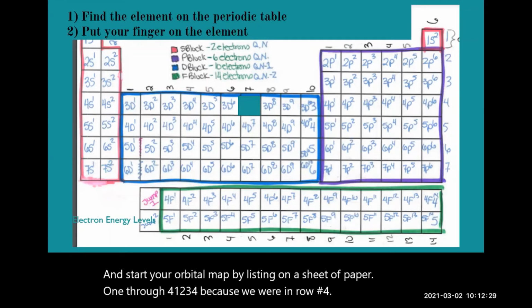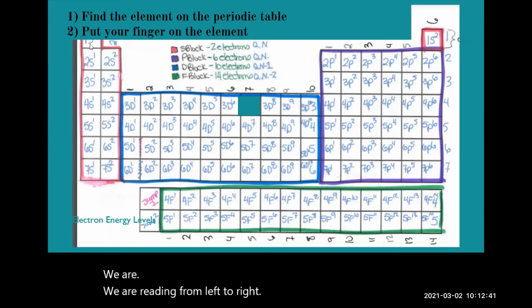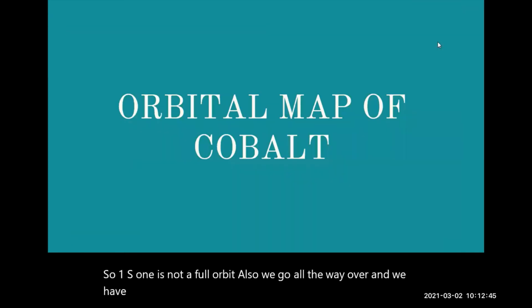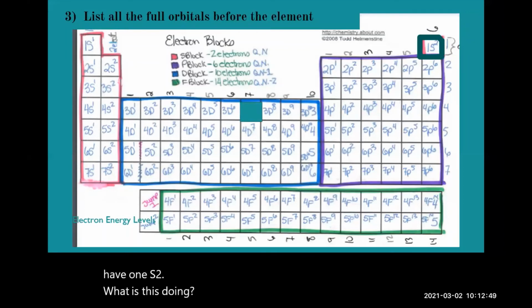Then we start reading the full orbitals from left to right. So 1s1 is not a full orbital, so we go all the way over and we have 1s2. Then, remember, we read left to right and then row by row, just like we read a book.